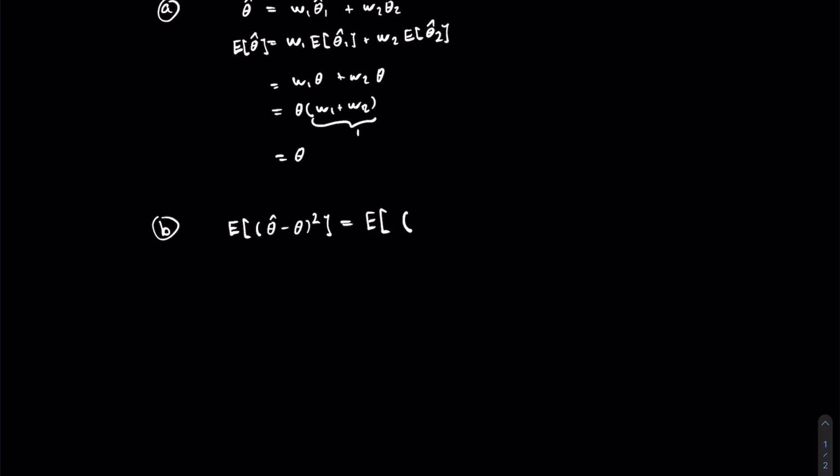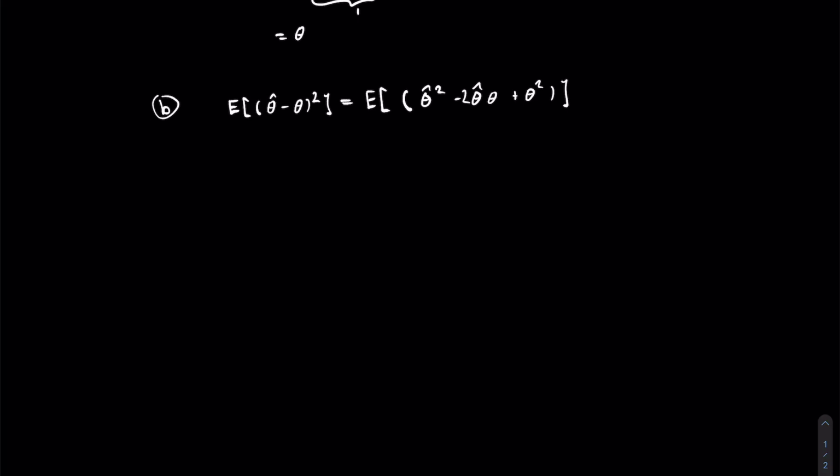So here we're just going to use the regular algebra of opening up the parentheses. Obviously, we get the estimator squared, minus 2 times the estimator times theta, plus theta squared. We're going to use linearity, which yields the expectation of the squared estimator, and so on.